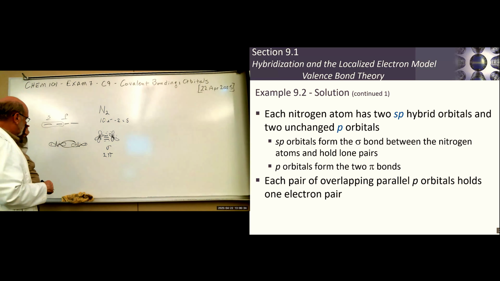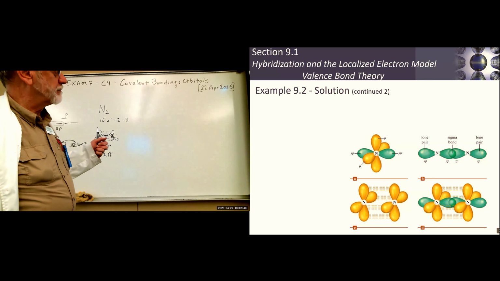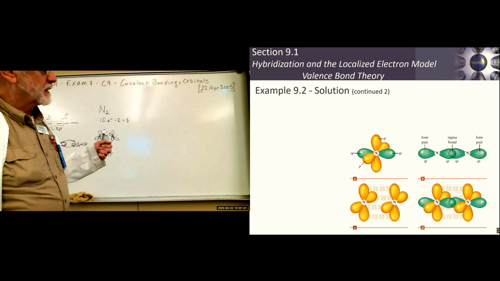Actually, this sp has a big lobe here and a tiny lobe on that side. And this sp has a big lobe here and a tiny lobe on the other side. So this is where the lone pairs reside, right there. And then we get two pairs of electrons, 4 electrons, forming the pi bonds, overlapping the p orbitals.